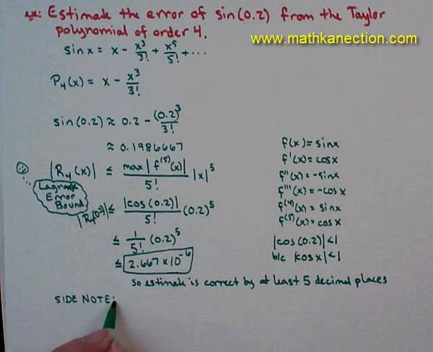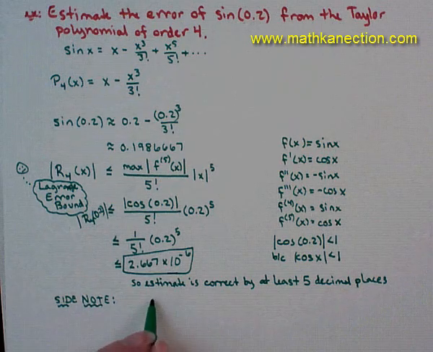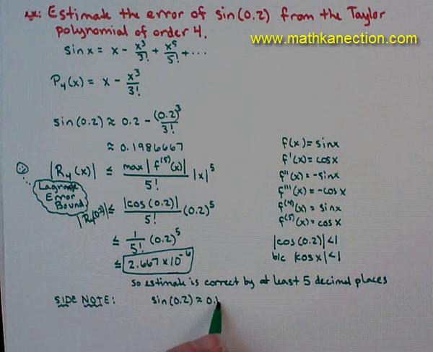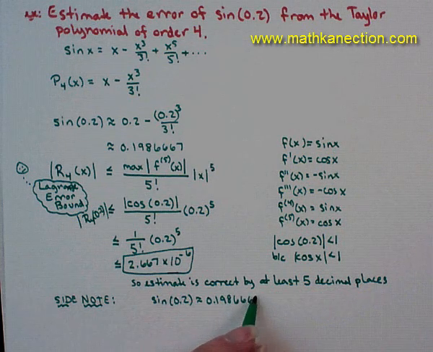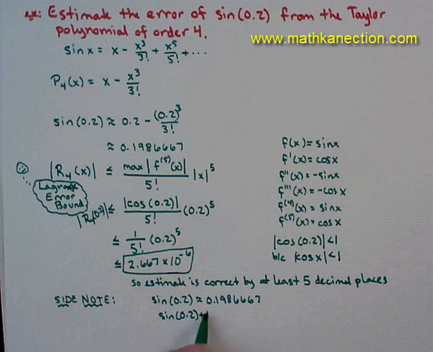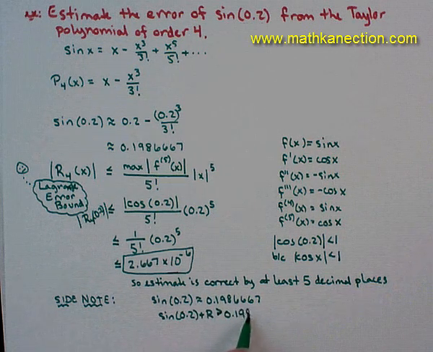So on a side note, if we look at the sine of 0.2, that was 0.198667. And if we take that approximation number and add on the error, which was the r value, that has to be bigger than or equal to 0.198667.